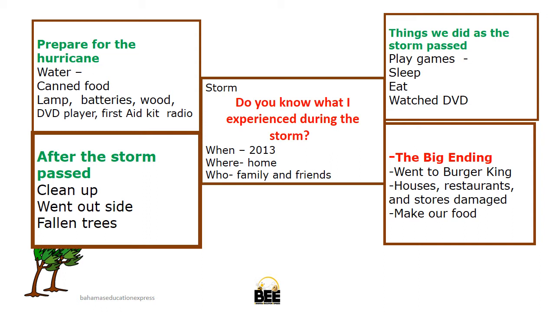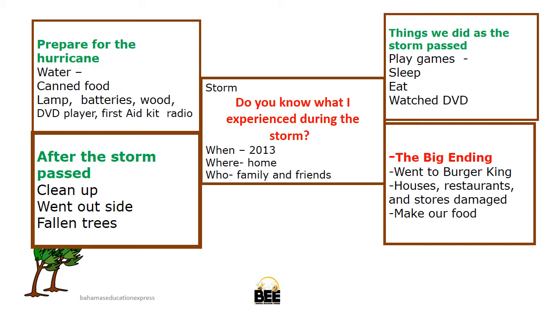Now, how do we prepare? The writer brainstorm water, canned food, lamps, battery, wood, DVD player, first aid kit, radio. And then for things we need as the storm passes, play games, sleep, eat, watch DVD.